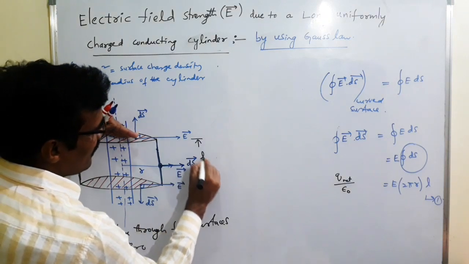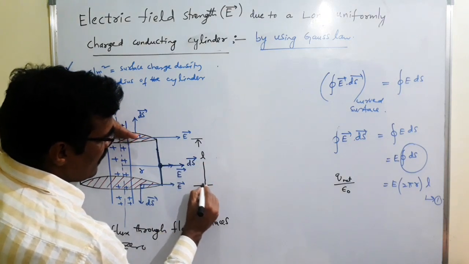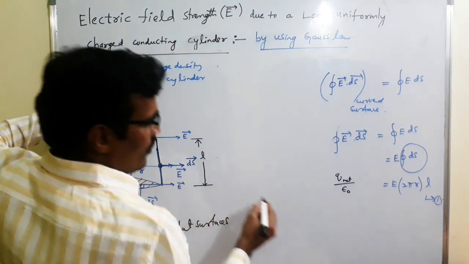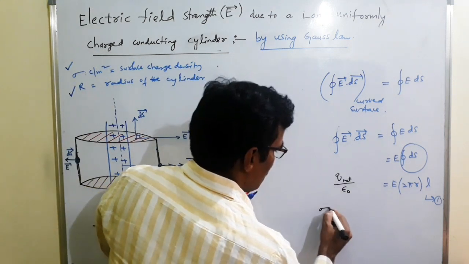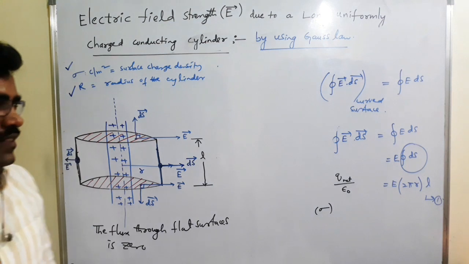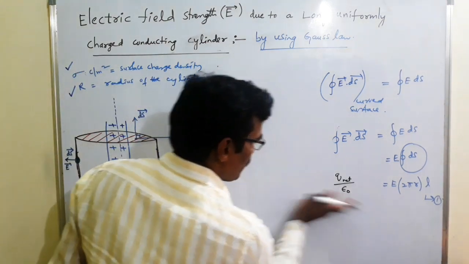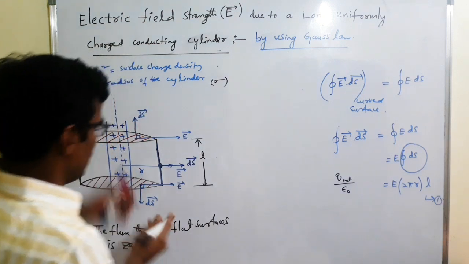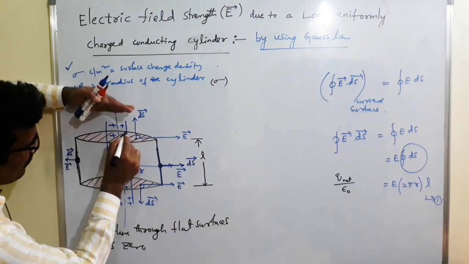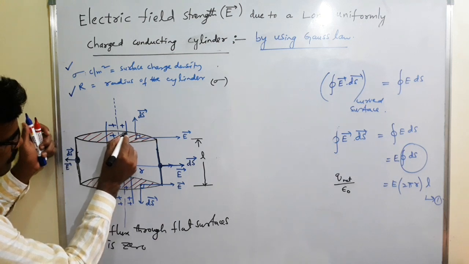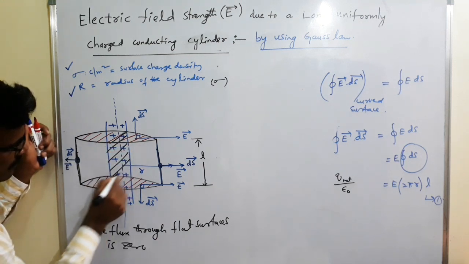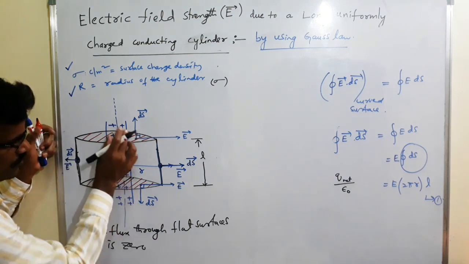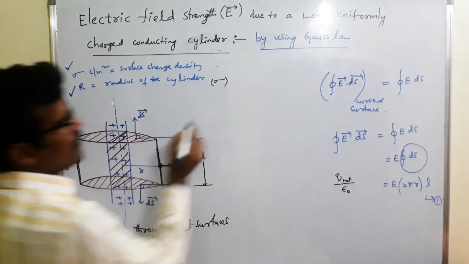Imagine, students, the length of this Gaussian surface is L. Therefore Q net is nothing but sigma, the charge per unit surface area, into the area of this portion. Listen, the charge is distributed across this length.